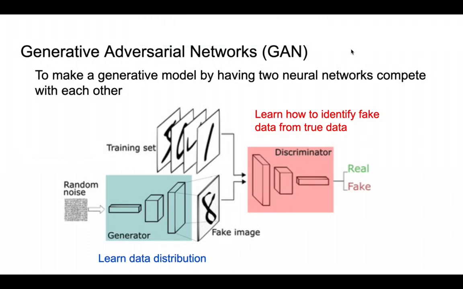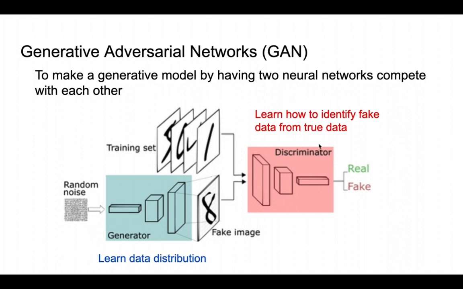Let's move to the second generative model, generative adversarial network. Generative adversarial network, also called GAN. GAN is composed of two neural networks competing with each other. One is the generator network. It takes the random noise input and generates fake data.